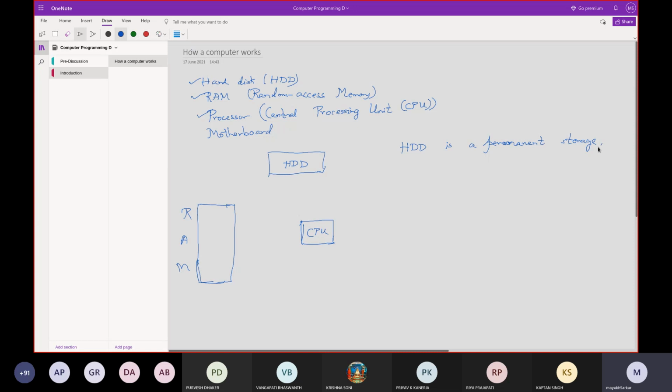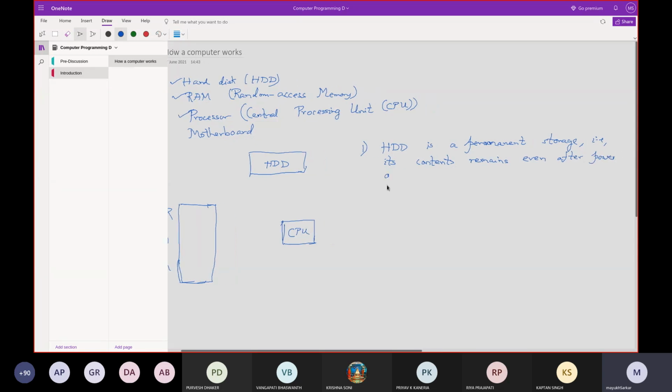That means its contents remain even after power goes off. I think you have also observed that when you shut down a computer, your hard disk has all the information retained unless you yourself remove that, or your hard disk crashes.